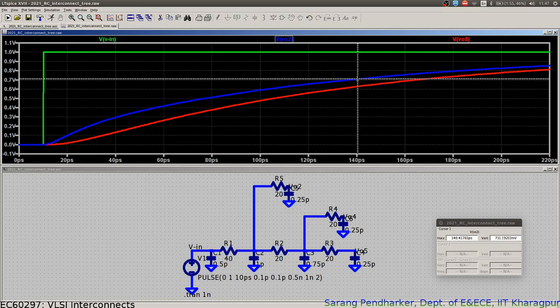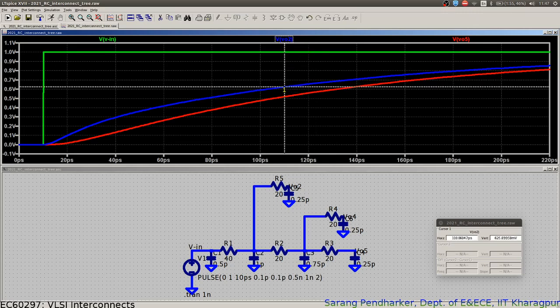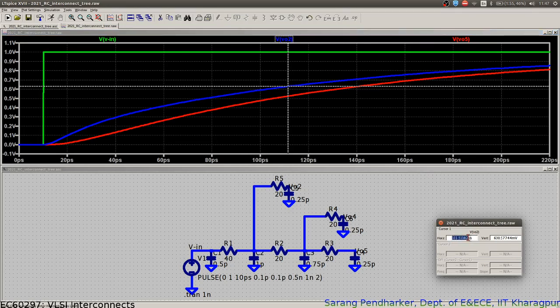So if I just look at the delay here, let me again bring it to 0.63. Yeah, so now I am getting my 63% delay to be 111 picoseconds.